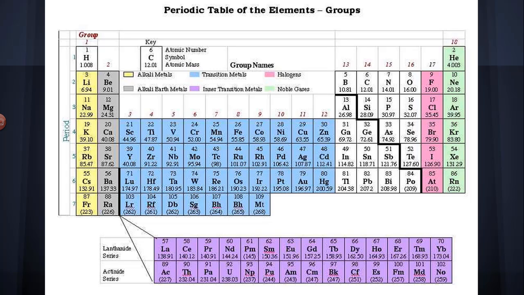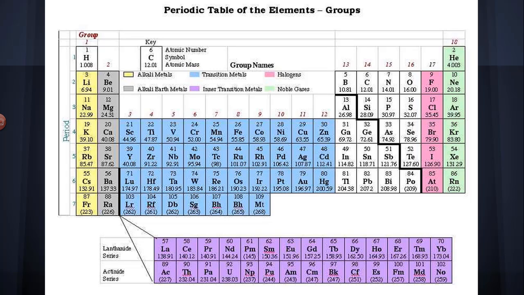But what's important about them is the reason that they're separated like this. You'll notice that where they belong is between numbers 56 and 71, barium and lutetium, and numbers 88 and 103, radium and lawrencium. If we were to put them in there, then this table would be about twice as wide as it is right now. Some enterprising printer back in the 19th century or so decided that they could save money and paper by just putting those two below and showing by means of an arrow where they belong.